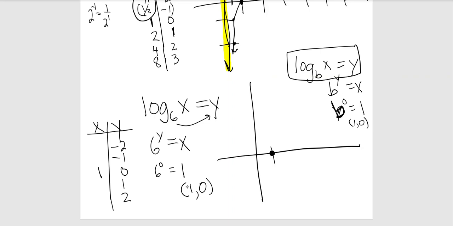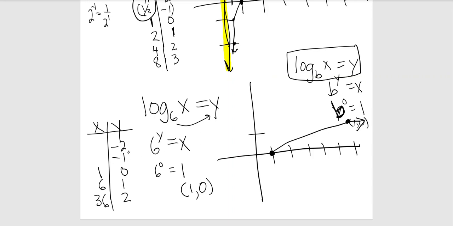Now, if we look at the base 6 and raise it to the first power, we get 6. Raise it to the second power, we get 36. So that means it's going to take all the way to 6 just to get up to (6, 1). And then those negative exponents make positive fractions.